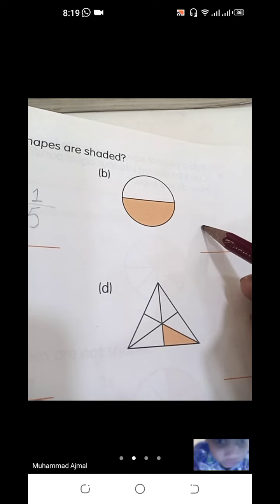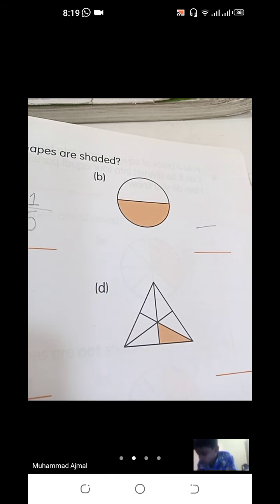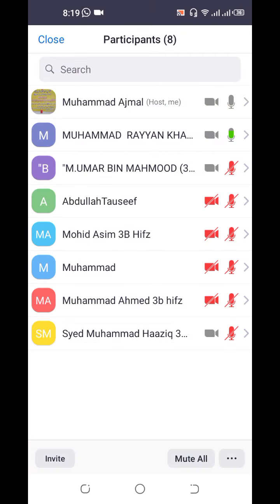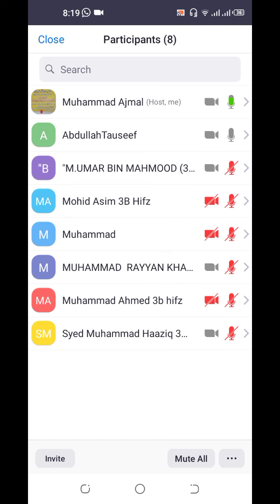Hazik, tell me the fraction for the second part. Abdullah Tausif, can you tell the answer?